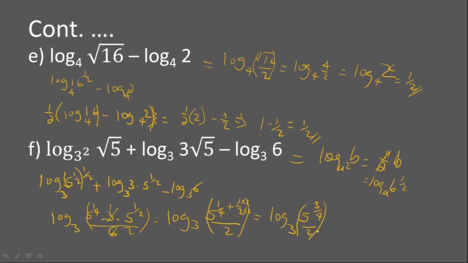We can leave it as it is, or write it as the logarithm of 5 to the power of 3 over 4 to the base 3 minus the logarithm of 2 to the base 3, and bring this exponent to the front. We can simplify it to 3 over 4 times the logarithm of 5 to the base 3 minus the logarithm of 2 to the base 3. It can be simplified just like this.